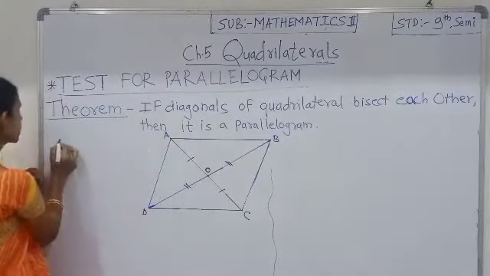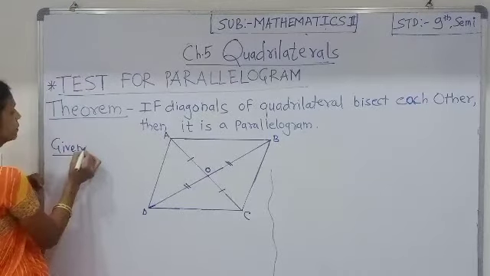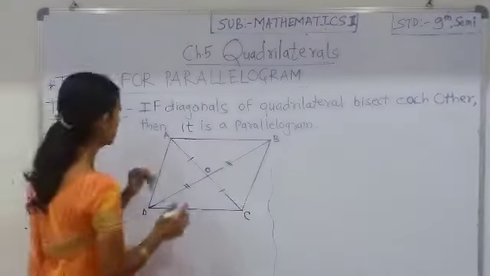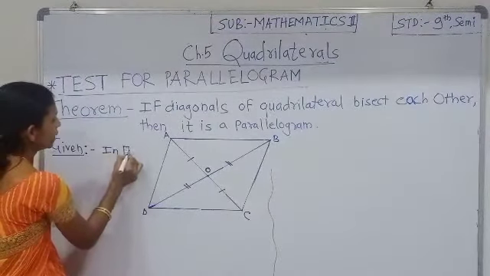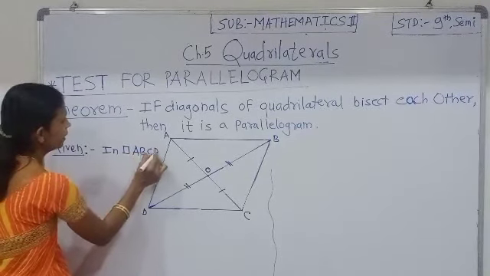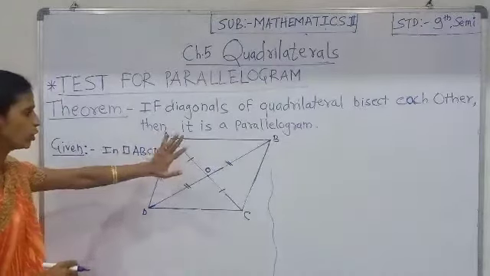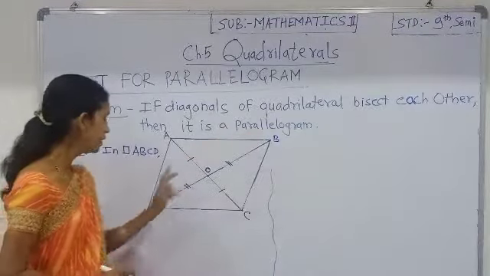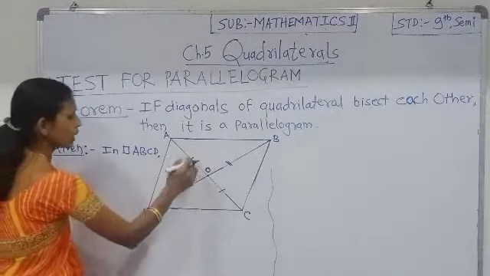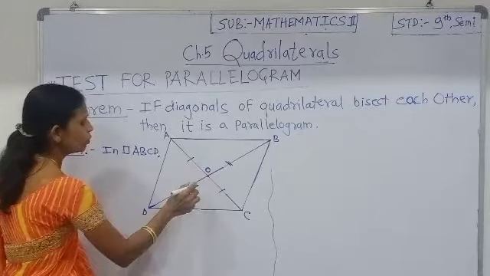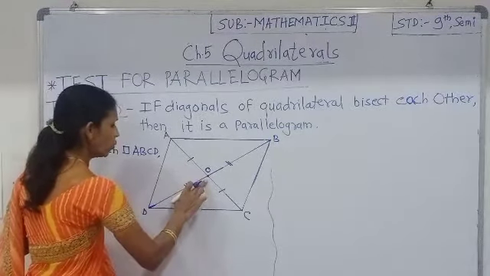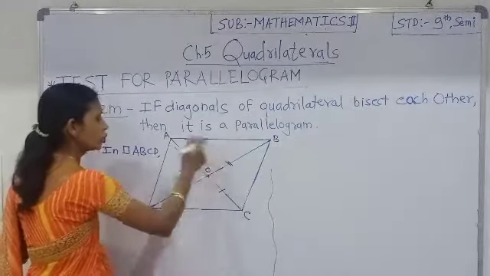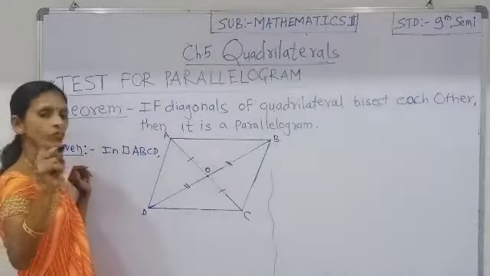First of all we have to write the given property in the given. In quadrilateral ABCD, AC is a diagonal and BD is a diagonal, and those two diagonals intersect in point O. OD is congruent to OB and OA is congruent to OC, that means those diagonals bisect each other.